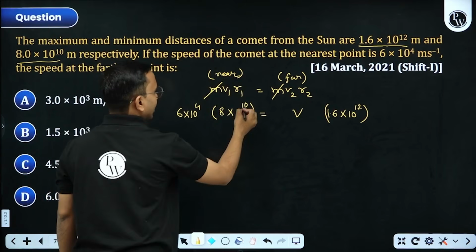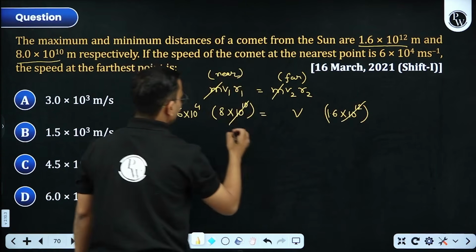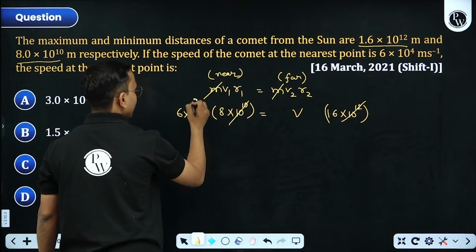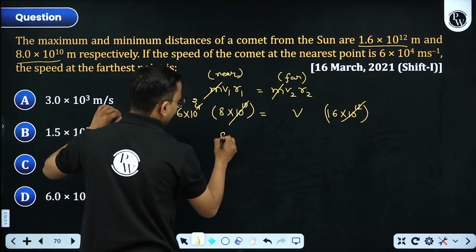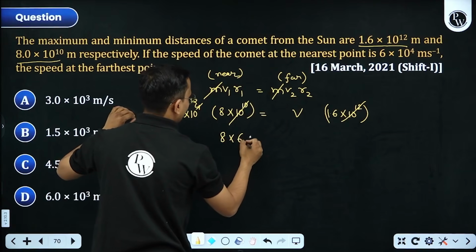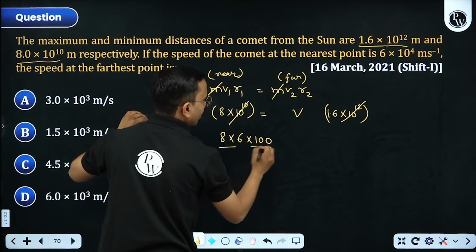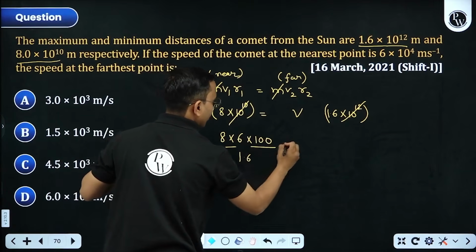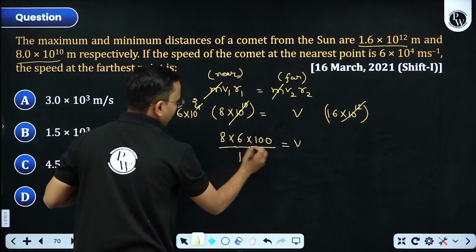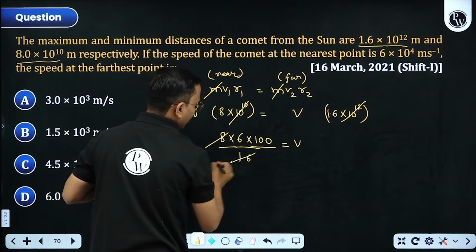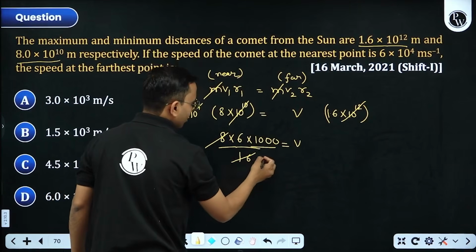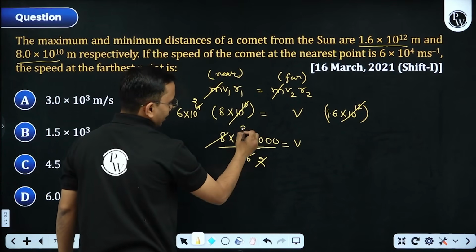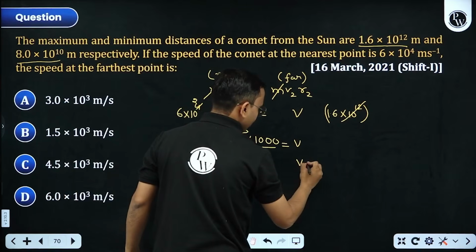Now here I can say 10 to the power 2 will get cancelled. 10 to the power 12 is getting cancelled. 10 to the power 2 will remain here. So this is 8 into 6 into 100 divided by 1.6. This becomes my V. So 8 into this is my 0.2, so 2, this becomes 1000, 2 into 3, this becomes 3000.